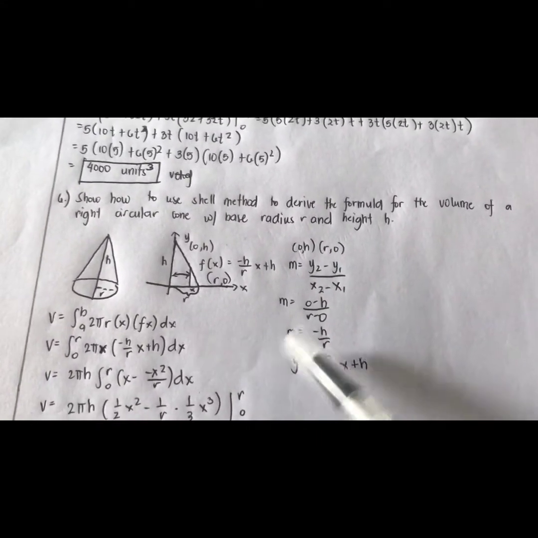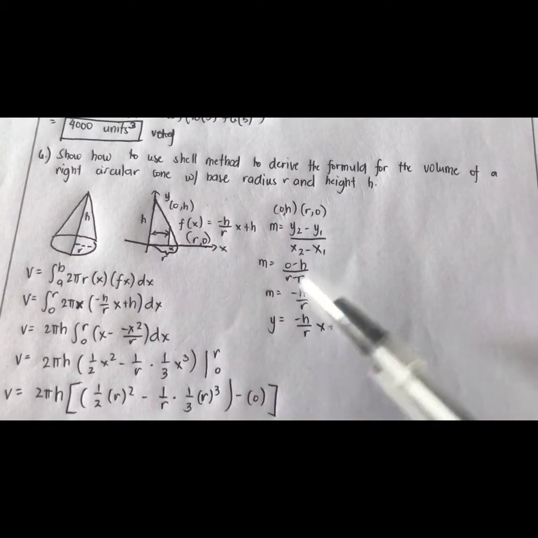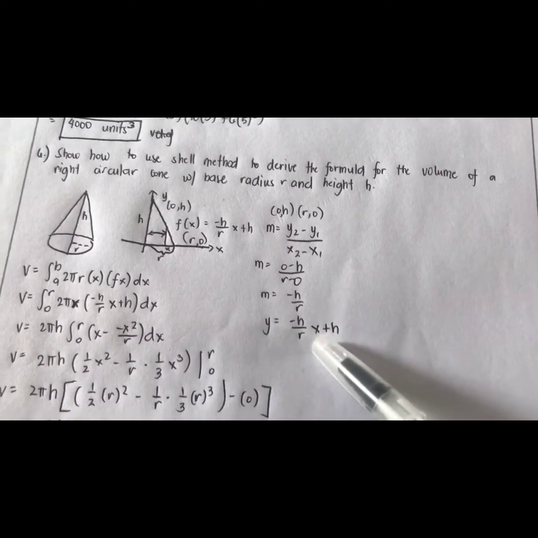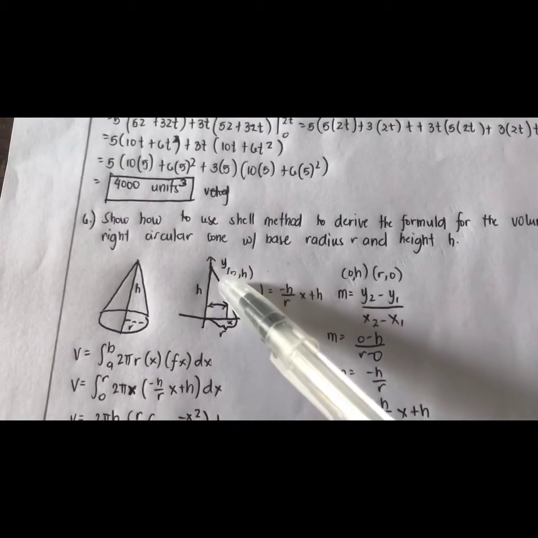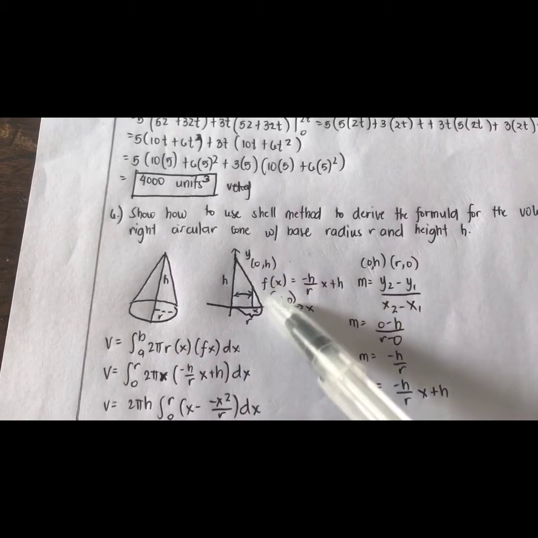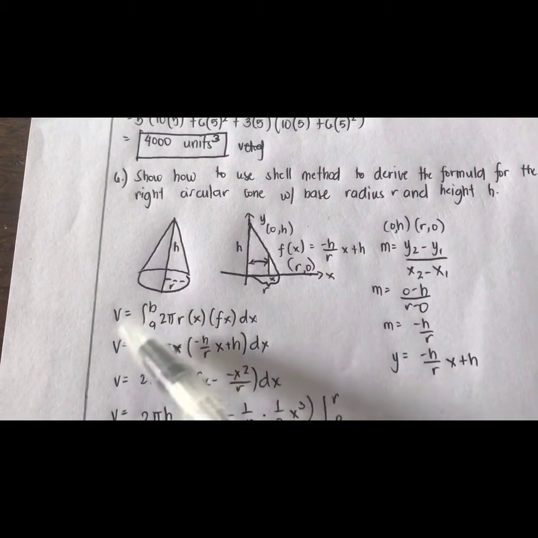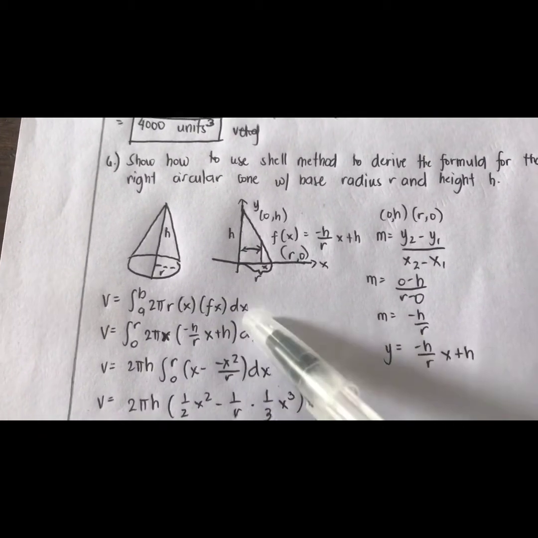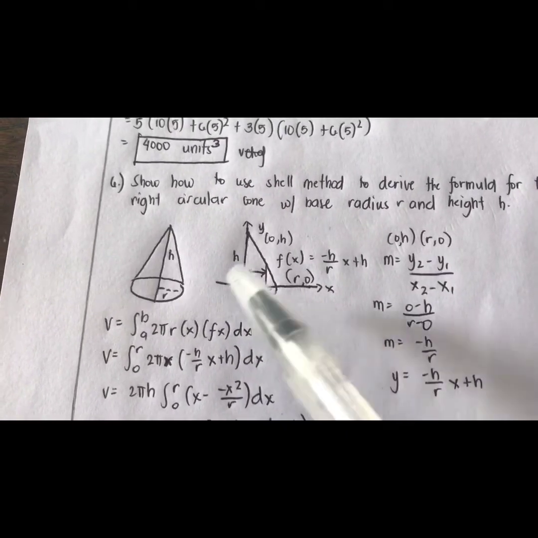So we will have m is equal to negative h over r. And then y is equal to negative h over r, x plus h. Now we have the formula for the volume. V is equal to the integral from a to b of 2 pi r times x times f of x dx. So we have the limits 0 to r.